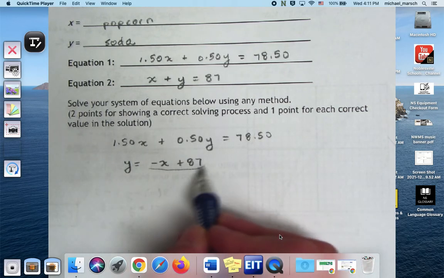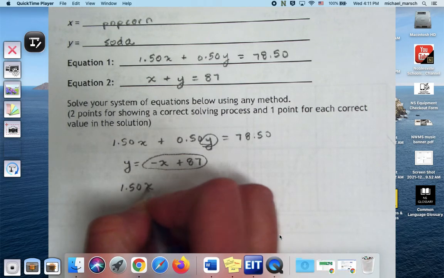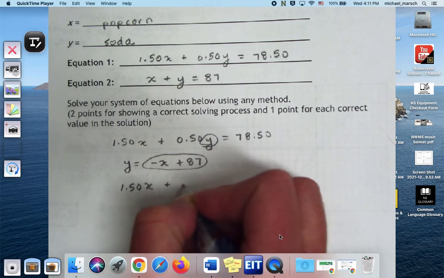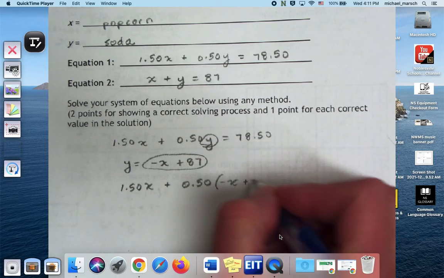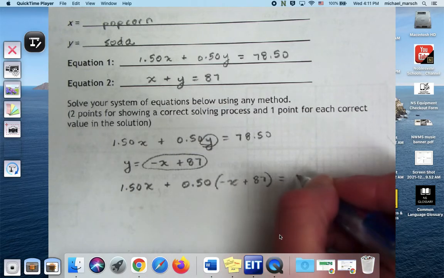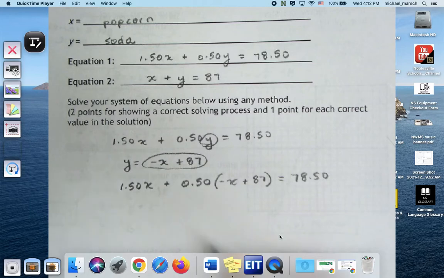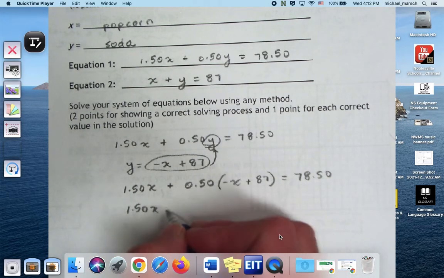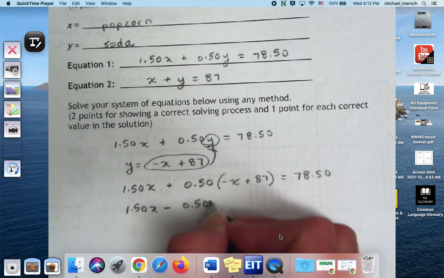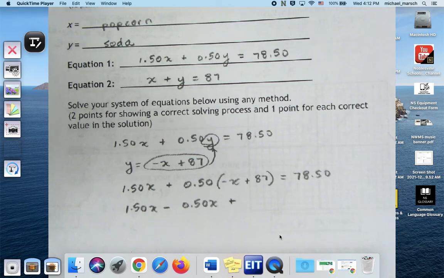So I'm going to put this whole situation right here. So I'm going to have 1.50x plus 0.50 times the quantity negative x plus 87 equals 78.50. So now all I have left are x's, right? Because this went right there. 1.50x minus 0.50x plus, get out my calculator here to find out what exactly is half of 87.